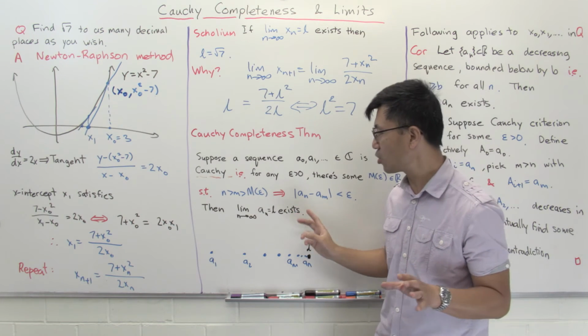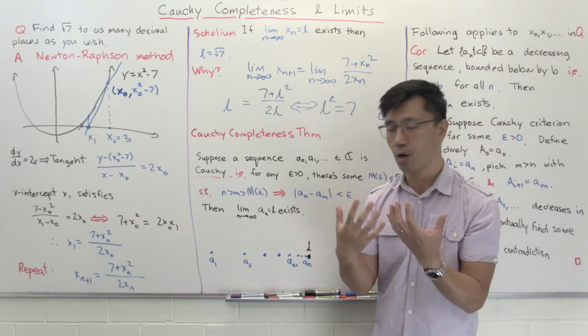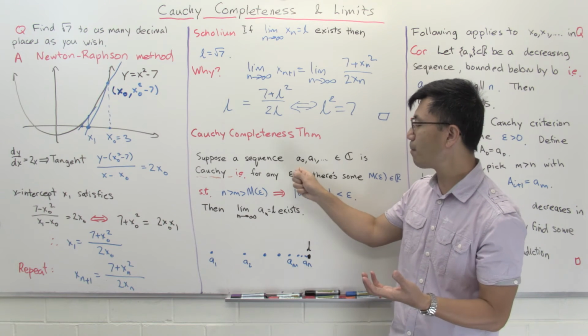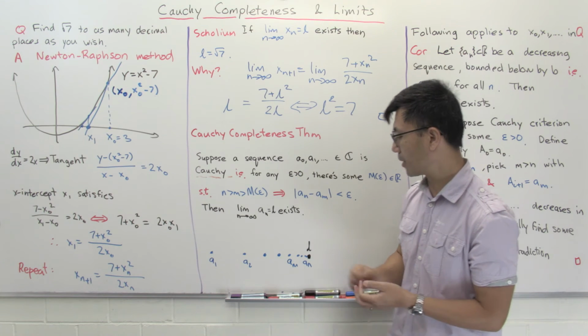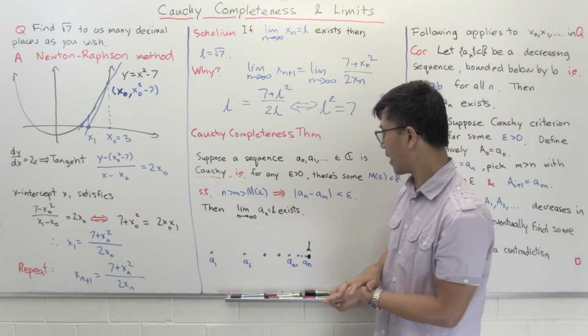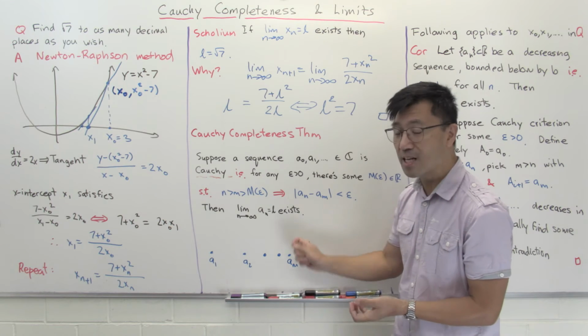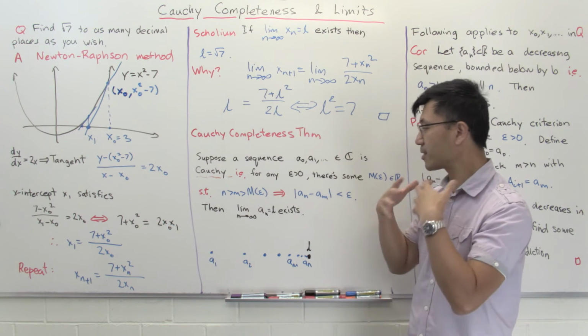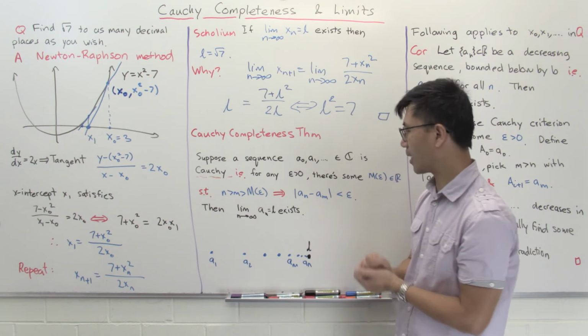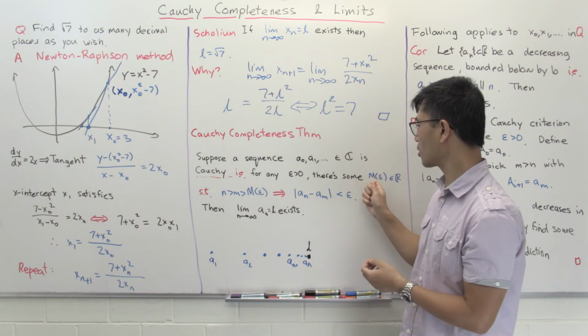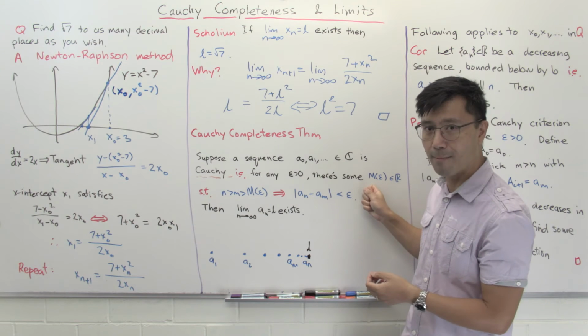Firstly, as usual, we need to have a level of closeness. That's given by some epsilon, which is some positive real number. The next thing is that, given this level of closeness, there's a waiting time, such that if you wait after that time, something happens. That's going to be some waiting time m of epsilon.